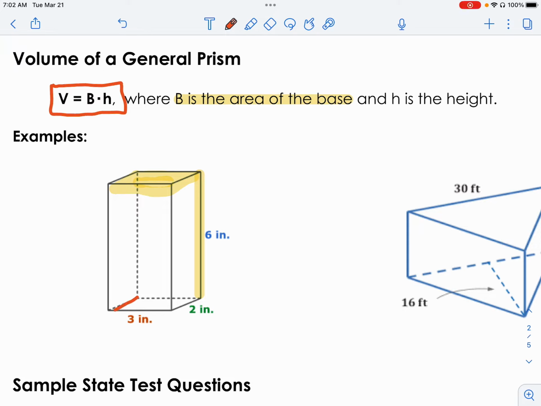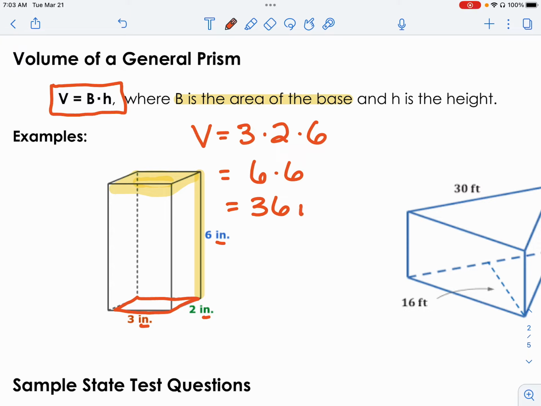So my area of the base would be 3 times 2, and then my height is just 6. So this turns out to be 6 times 6, so volume equals 36, and then now we're going to introduce our units. It is inches, and for volume you do cubed. So remember, area was squared, volume is cubed.